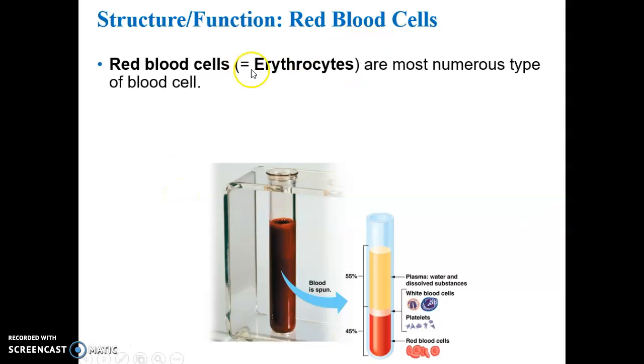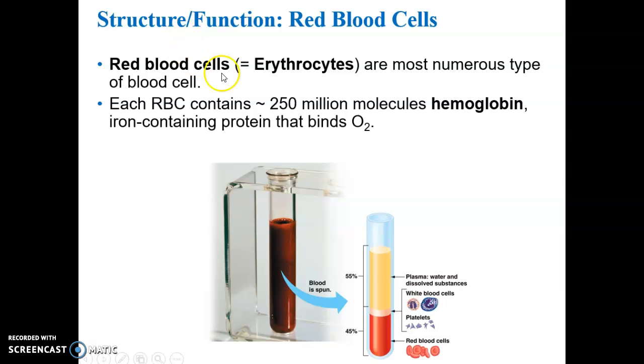So the red blood cells, RBCs, also called erythrocytes, cyte for cell, erythro means red. They're the most numerous type of blood cell element. Each individual red blood cell, and we have trillions and trillions of them, each one of them has about 250 million molecules of the protein hemoglobin. And that's a protein that has iron in it.